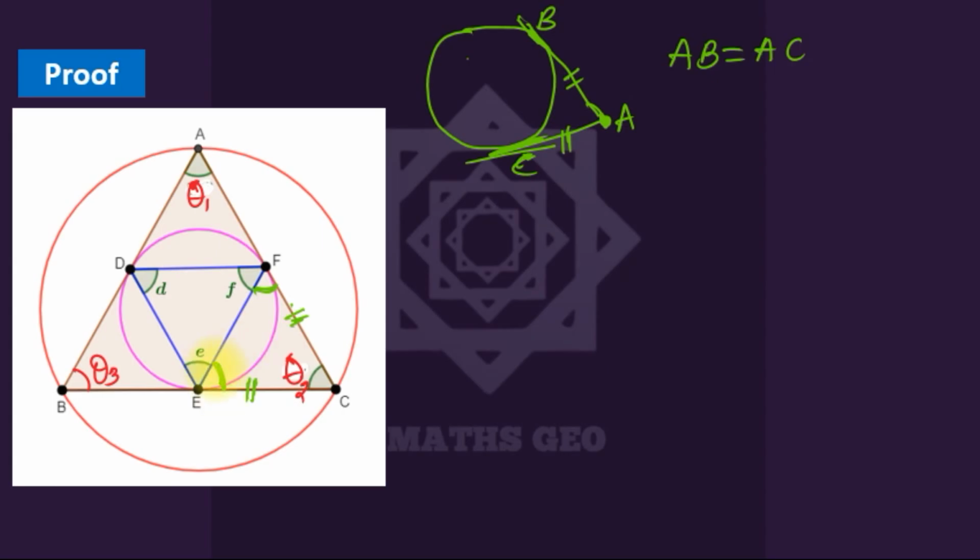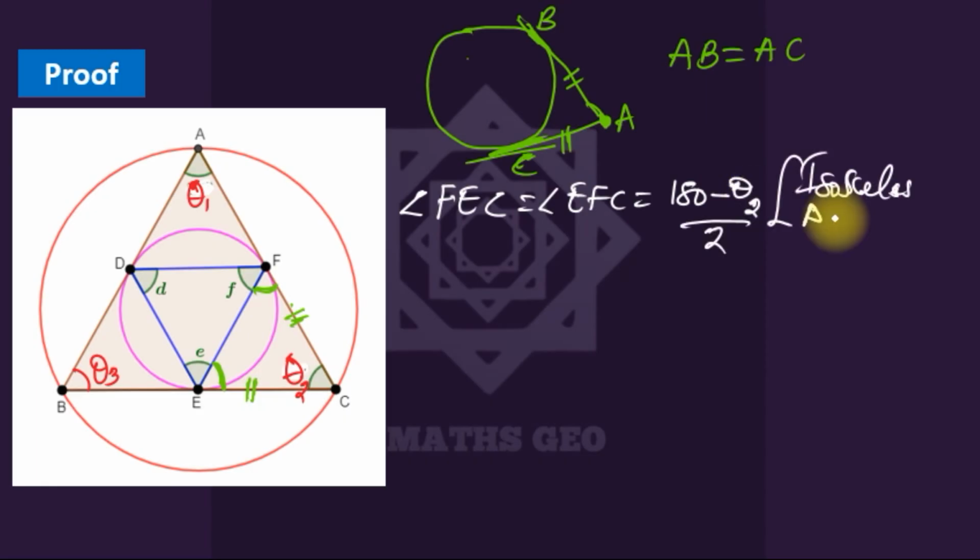We see that angle FEC and angle EFC will be 180 minus theta 2 over 2, based on the isosceles triangle theorem. The base angles are congruent, or equal.